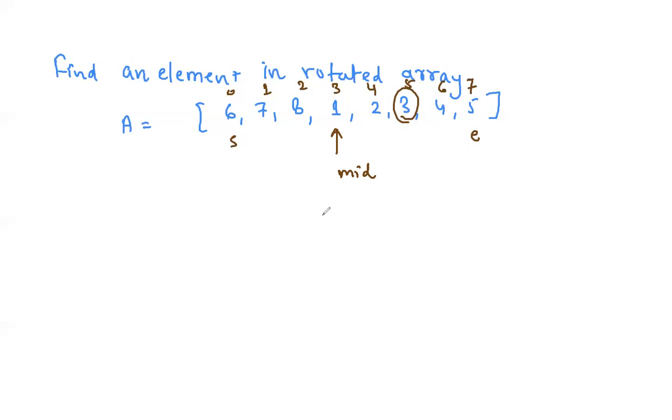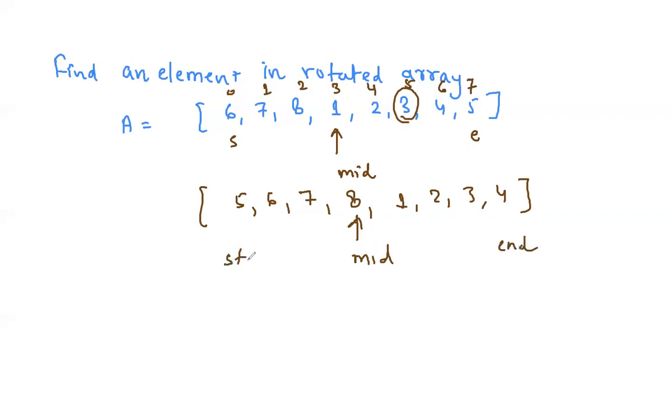What if the array was something like this? Now the mid is here, the end is here, and the start is here. And the target value, let's say 3 again. Here again, we got to know that my left subarray is the sorted one, meaning 5 is less than 8, and my right is unsorted.